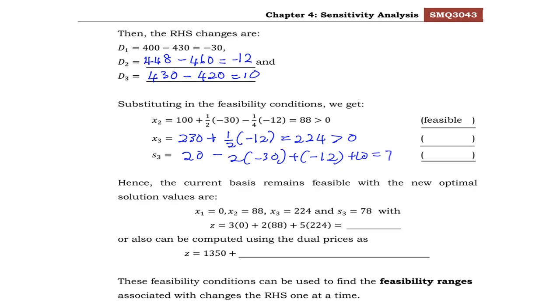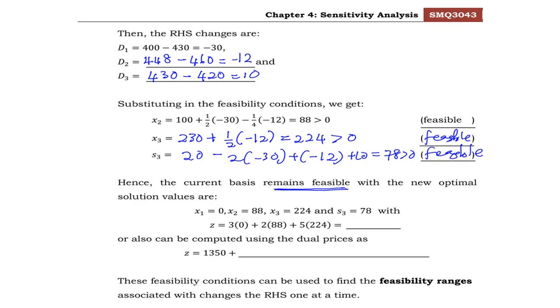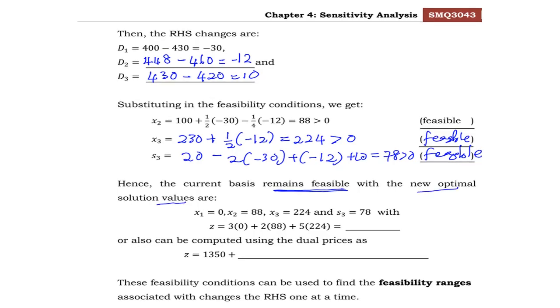So we get 78, which is also greater than 0. Therefore, feasible. Hence, the current basis remains feasible with the new optimal solution values. So, x2 equals 88, x3 equals 224, and s3 equals 78.